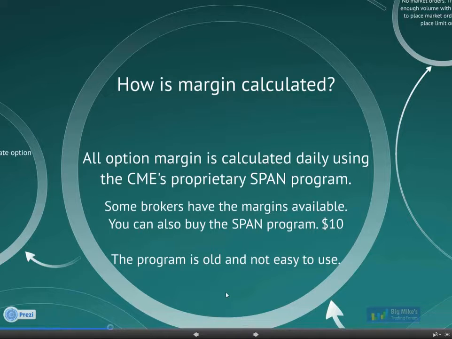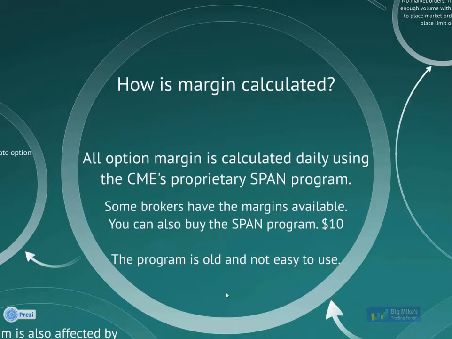Now I will warn you that the PC SPAN program is 25 years old, and it hasn't had many revisions since then, so it is not easy to use, but we are working on it. There's actually a thread called PC SPAN where we're working on being able to use Excel, accessing the daily files, and able to calculate our margins ourselves without using the PC SPAN program.